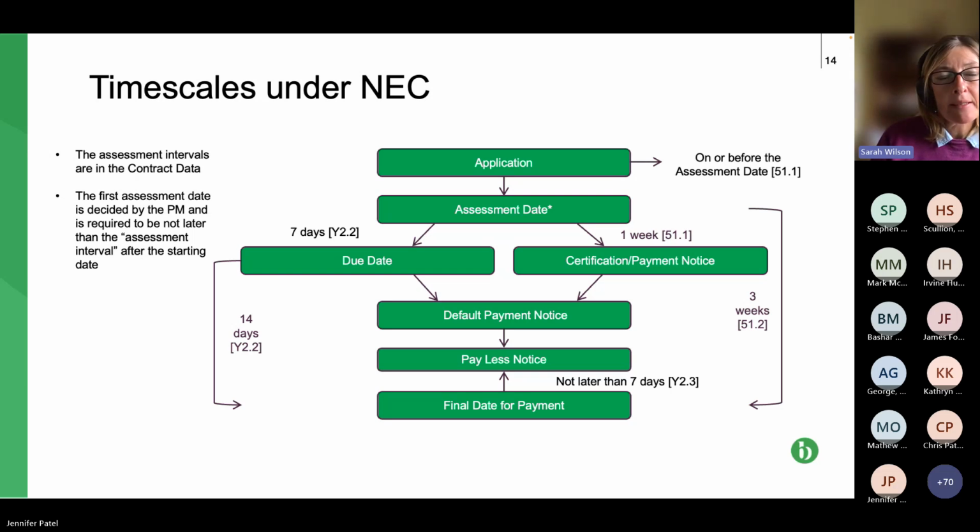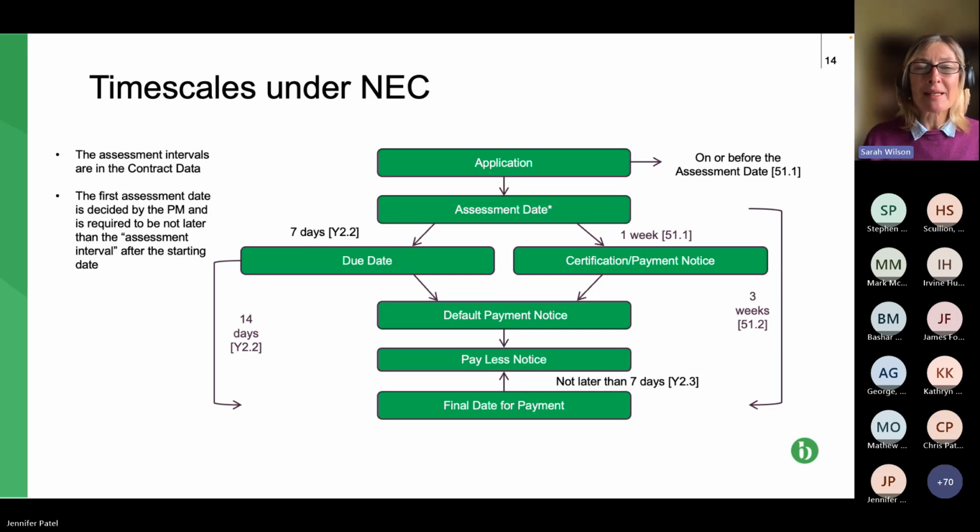Well, the left-hand side of the slide deals with this. So if, for example, the work starts on the 5th of June, we know our assessment period is monthly. So on the 5th of July, the new assessment period starts.